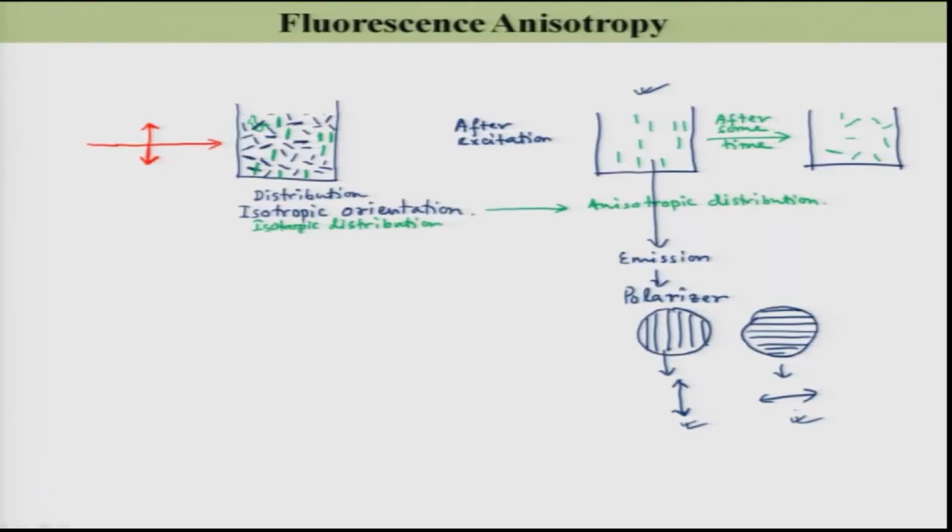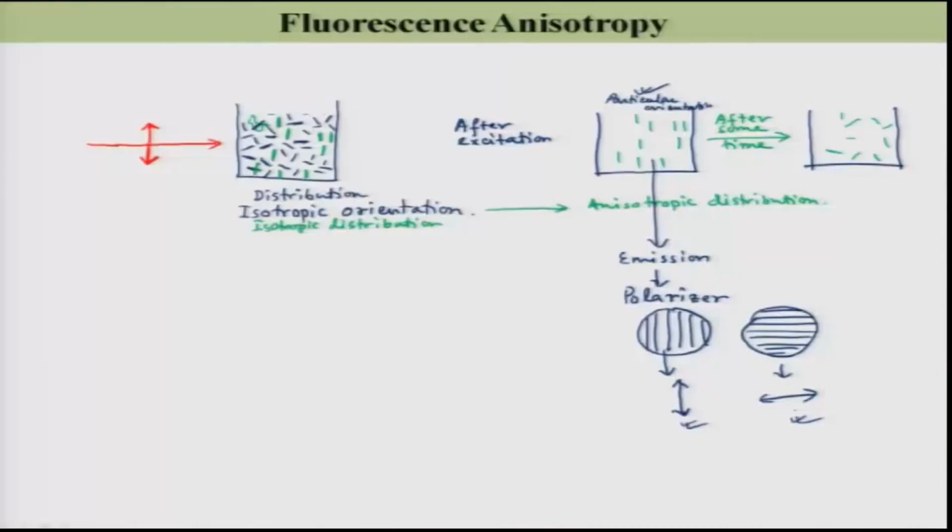So, it is a particular orientation, which means the emission is also coming out from a particular direction. The light coming out of the system, the electric field of this light, is oscillating only in a particular direction, that means it is polarized, right.